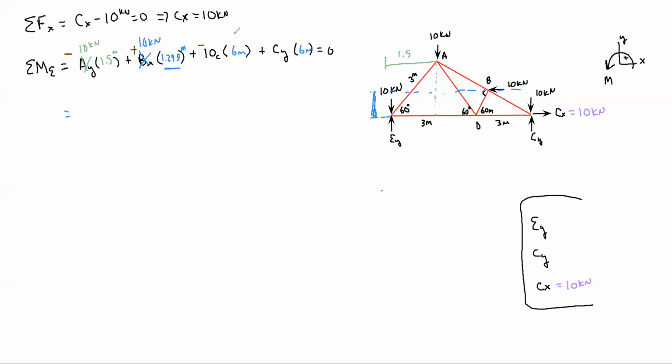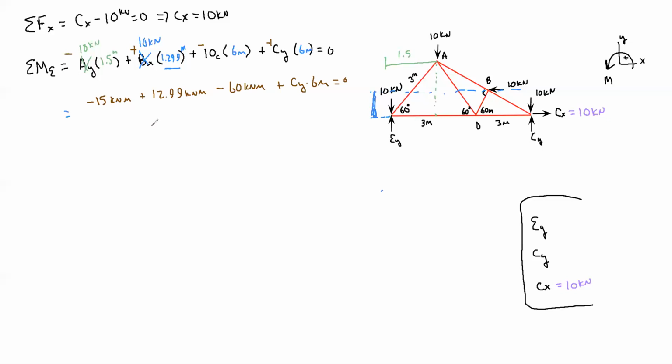And CY, counterclockwise, is positive. Doing the arithmetic, this would be negative 15 kilonewton meters plus 12.99 kilonewton meters minus 60 kilonewton meters plus CY times 6 meters is equal to 0.